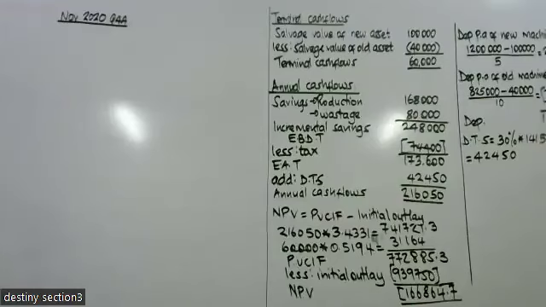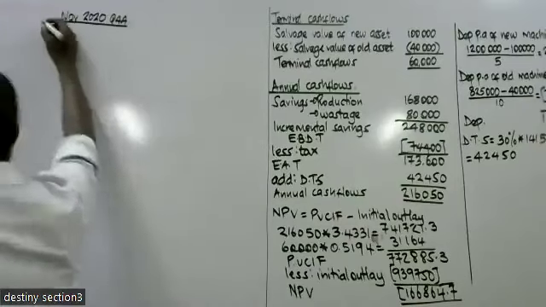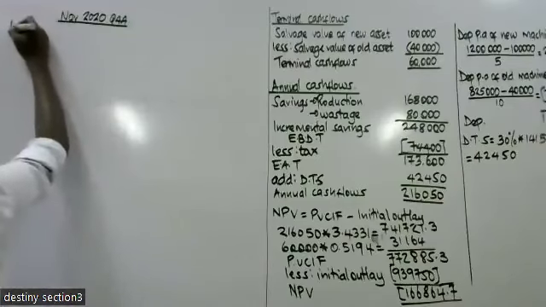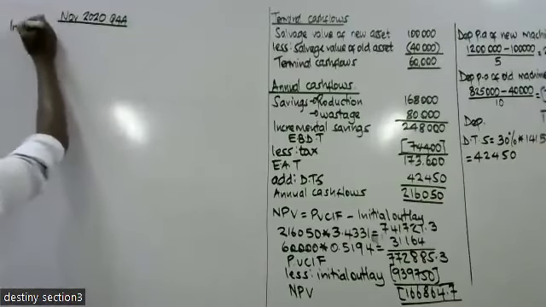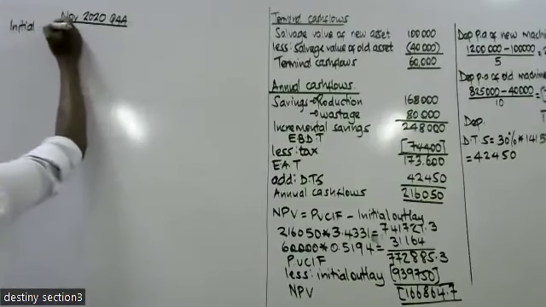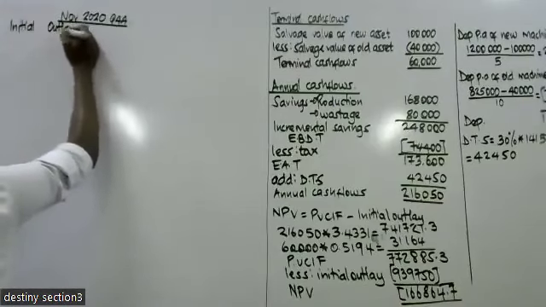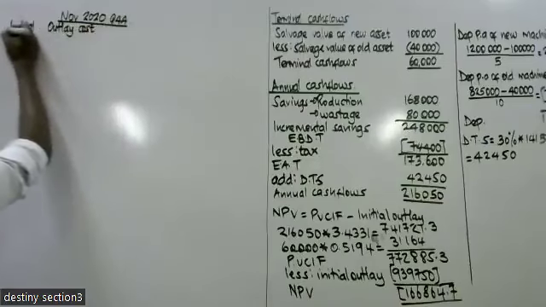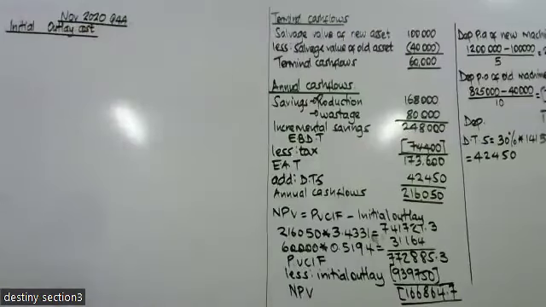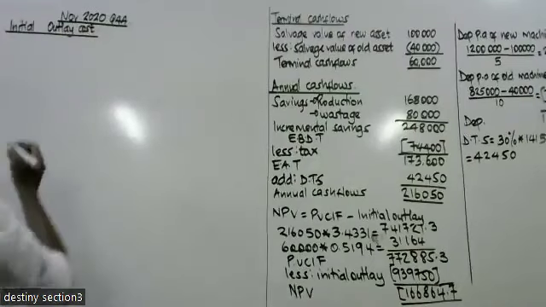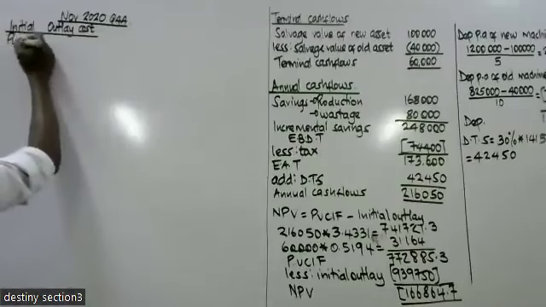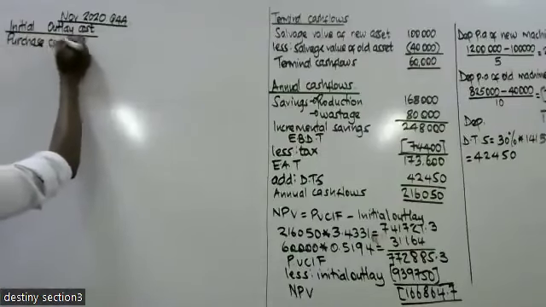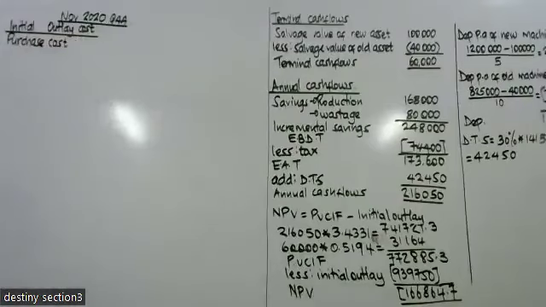Again, we start by determining our initial cost. We have our initial cost, so the purchase cost of the new machine.